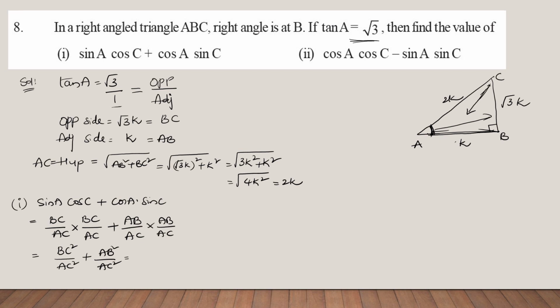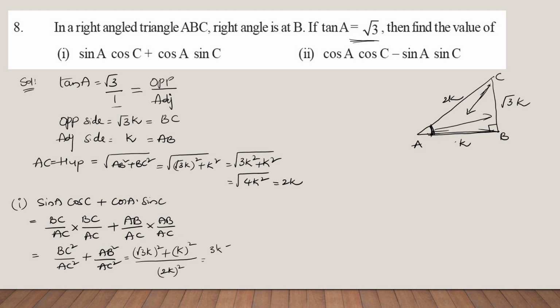Now since both the denominators are the same, I can directly apply the values here, right? So what am I going to get? BC is root 3K whole square, plus AB, which is K whole square, divided by AC whole square, which means 2K whole square.